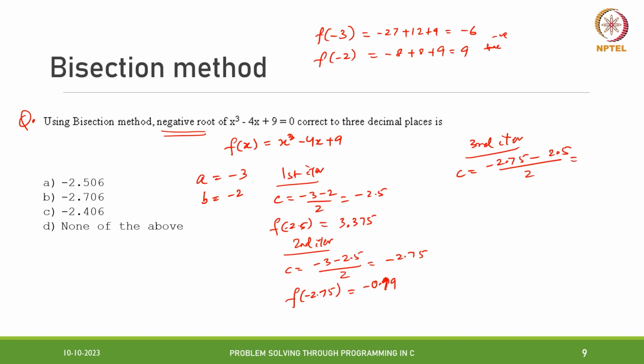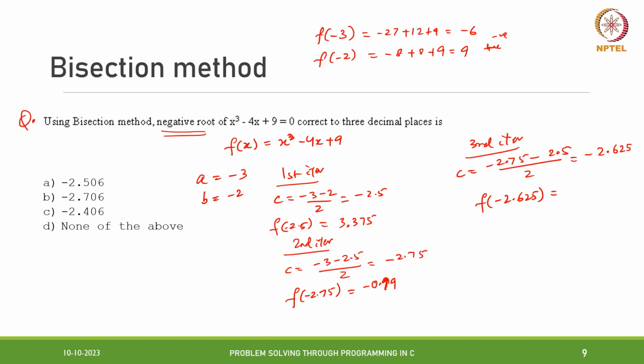By 2. This is how much? Minus 2.625, if I'm not wrong. Is it correct? Yeah. Okay, so we calculate now the value at minus 2.625.